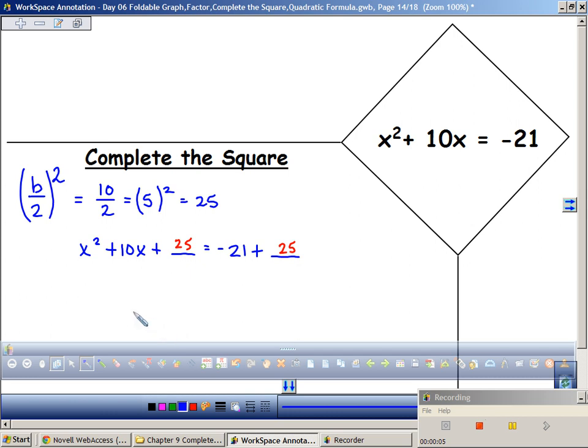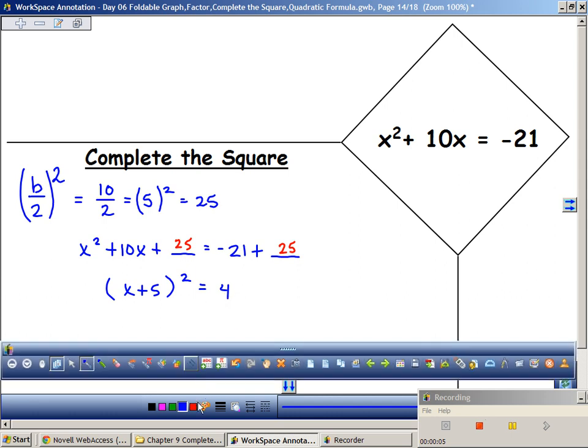Specifically, I heard it, factor. Good. What goes in here? X plus 5. Good job, guys. Equals just 4. Good job. Negative 21 plus 25 is 4.